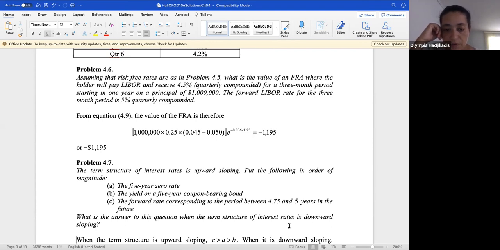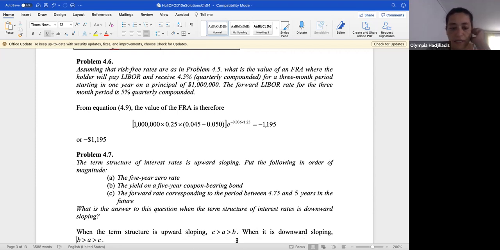Basically, if it's an upward sloping term structure of interest rates, then the forward rate corresponding to the period between 4.75 and 5 years in the future is definitely above the 5-year zero rate, which is then also above the yield on a 5-year coupon-bearing bond.